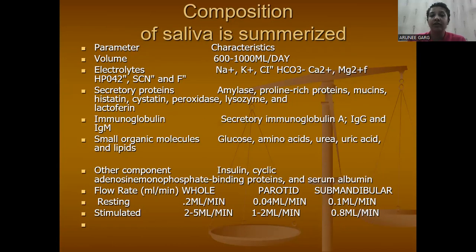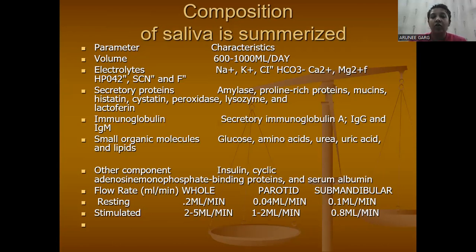The immunoglobulins are secretory immunoglobulin A, immunoglobulin G, and M. Small organic molecules like glucose, amino acids, urea, uric acid, and lipids are also present. Other components include insulin, cyclic adenosine monophosphate binding proteins, and serum albumin.